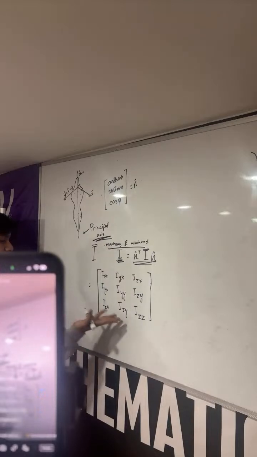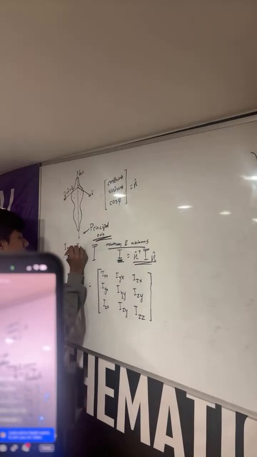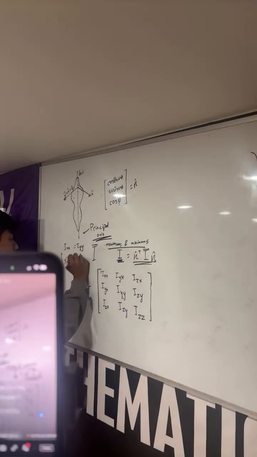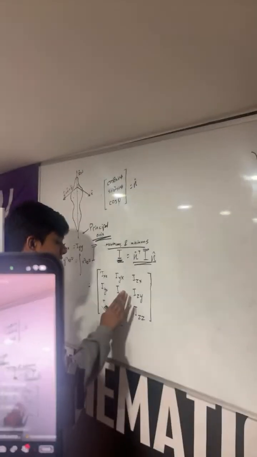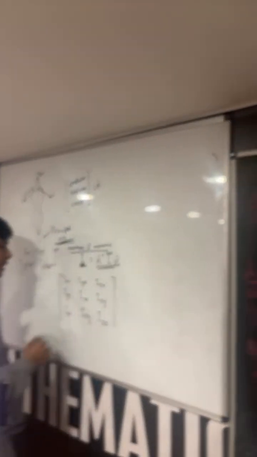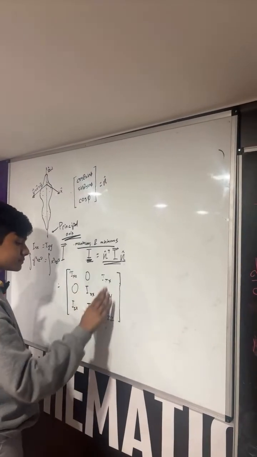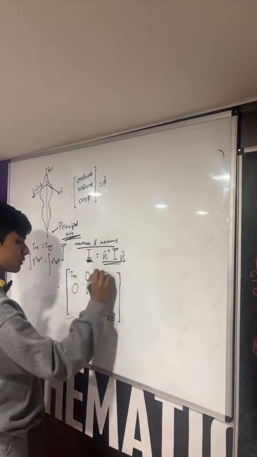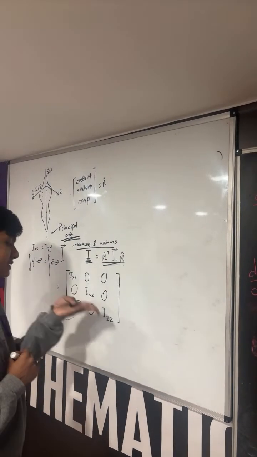That means that with this definition of the z-axis, IXX is going to be equal to IYY. This is not going to be differentiable in any way from that, right? Furthermore, it makes all of the off-diagonal products of inertia 0. Okay, so everything's gone, except these guys.